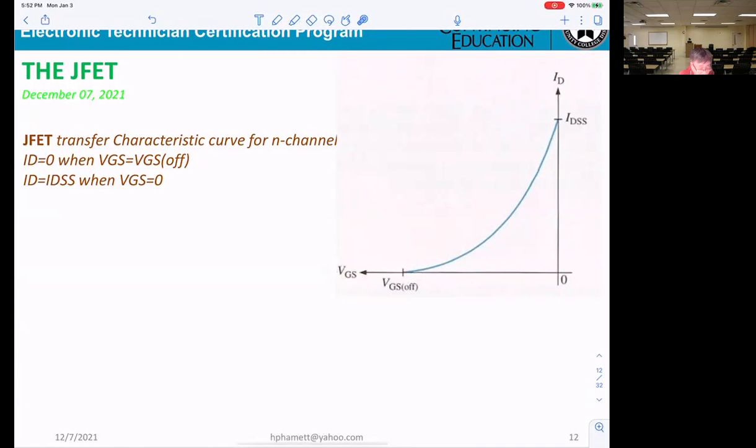ID equals 0 at this point right here, and VGS equals VGS off. And at the point here, ID equals IDSS, and you're going down, VGS equals 0. That's what they're trying to explain to you.